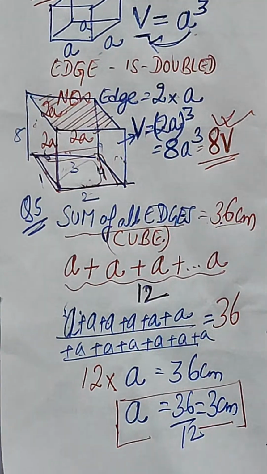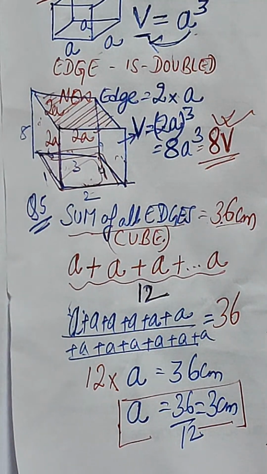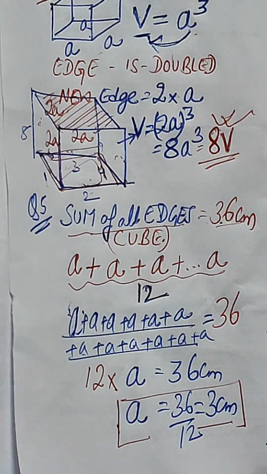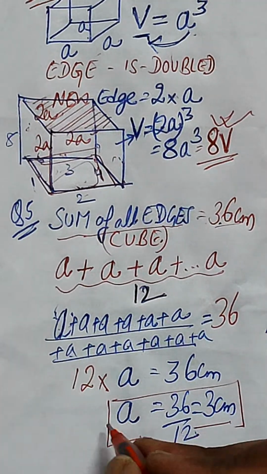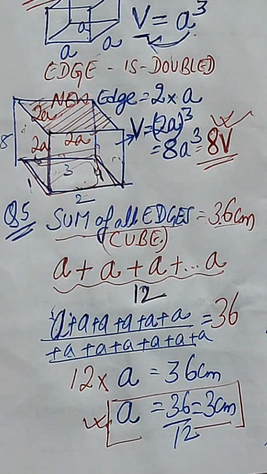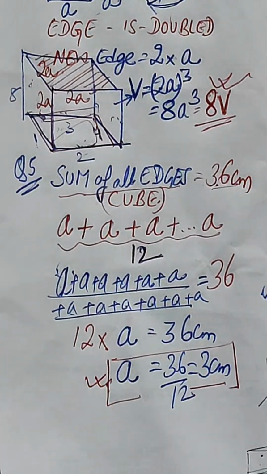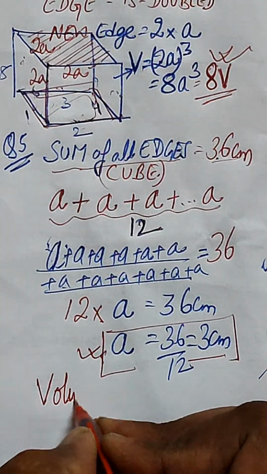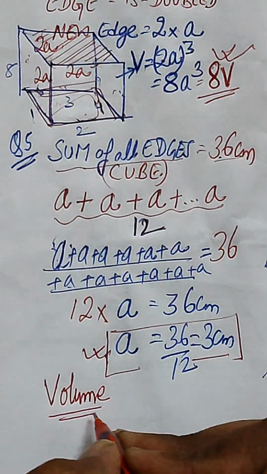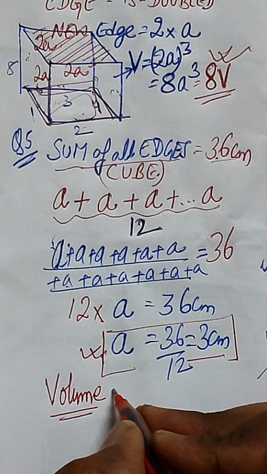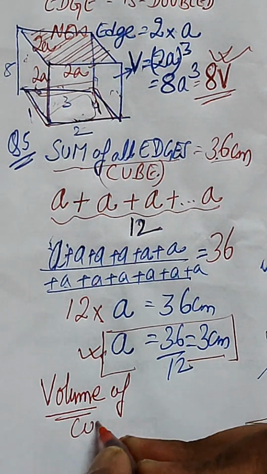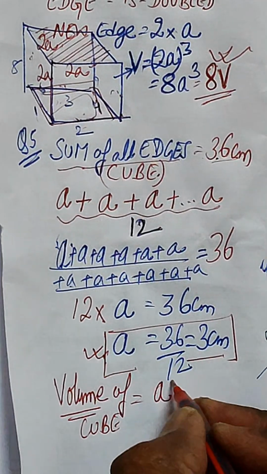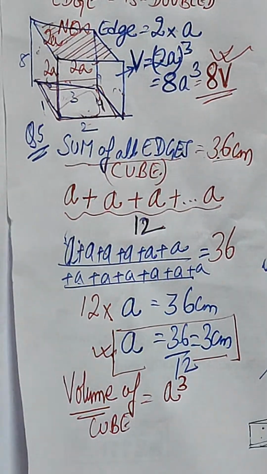Now what is asked in the question? If the sum of all edges of a cube is 36 centimeter, then what is the volume in centimeter cube of that cube? So the edge is calculated, so it's very easy to calculate the volume. The volume of a cube is equal to A cube, right?